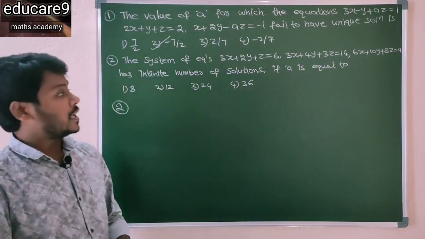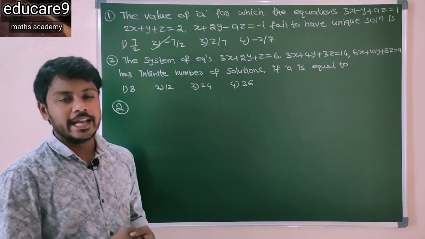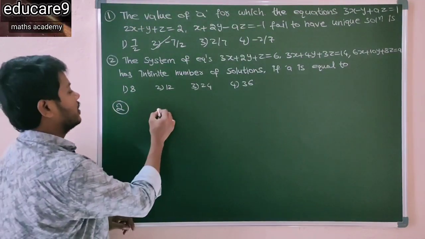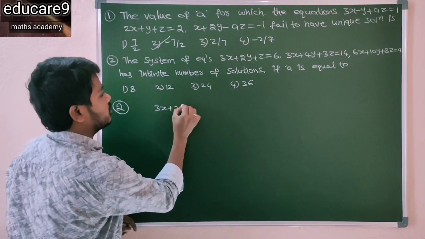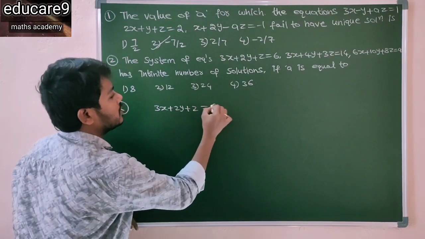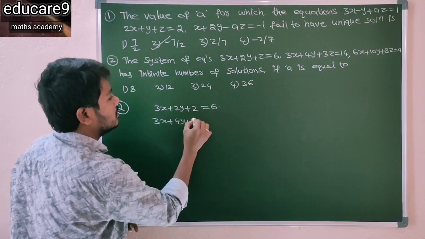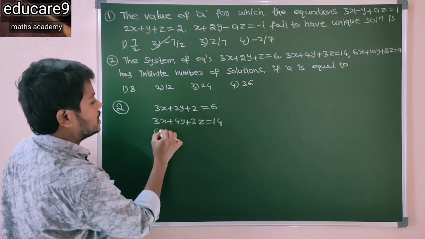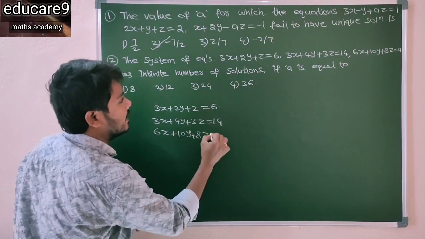The system of equations has infinite solutions. It means determinant of A is 0. So see here, given equations 3x plus 2y plus z is equal to 6, 3x plus 4y plus 3z is equal to 14, 6x plus 10y plus 8z is equal to a.